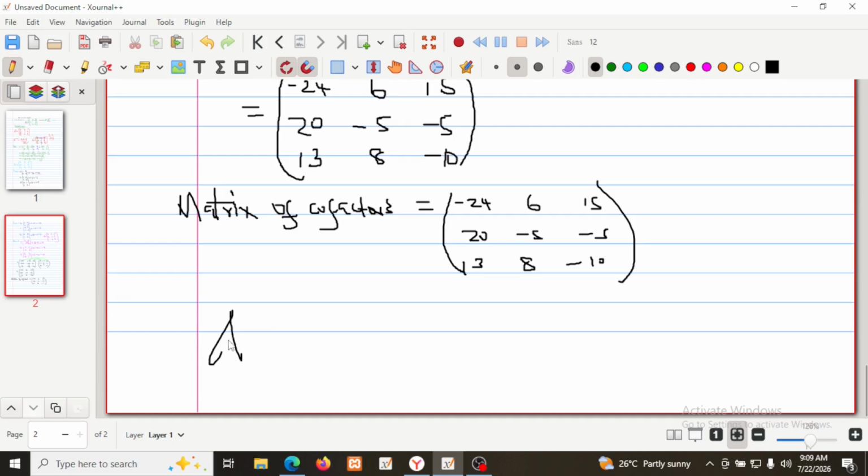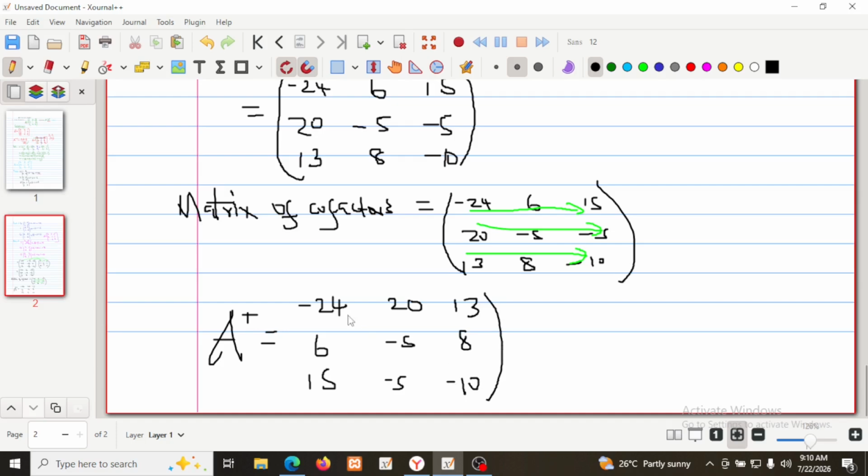So the transpose of the matrix is now, we convert this row into a column such that we have negative 24, then we have 6, then we have 15, then also the second row to be a column, so we have 20, negative 5 and negative 5, then the last row to be a column will have 13, 8 and negative 10.